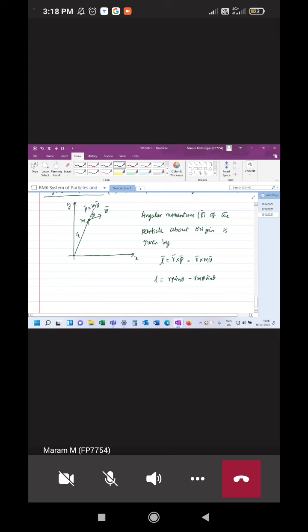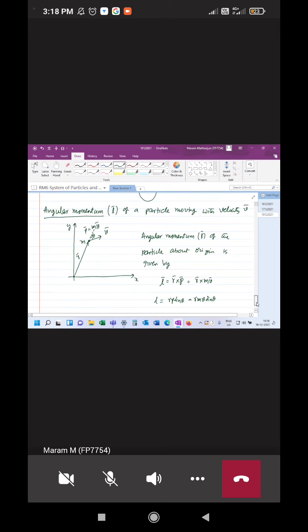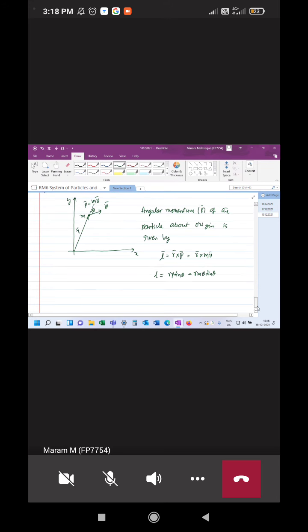You can write exactly the same way as we did: m into r into v perpendicular, or m into v into r perpendicular. Both mean the same thing. Exactly the way we did for torque, you can write angular momentum also.